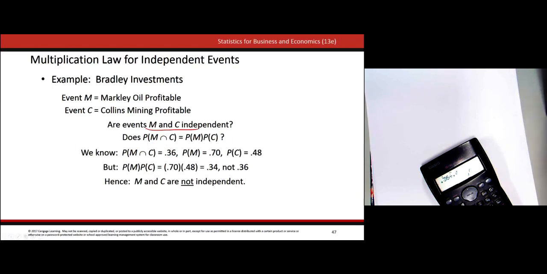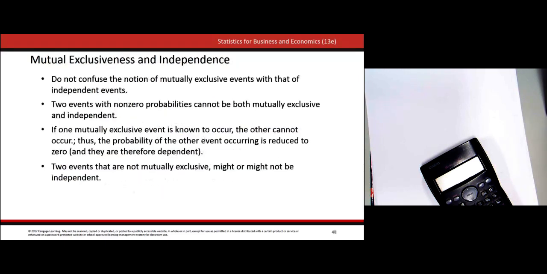Is it equal to 0.36? 0.7 times 0.48, which is 0.34, is not equal to the probability of M intersect C, which is 0.36. So then M and C are not independent. This is how we check the independence.